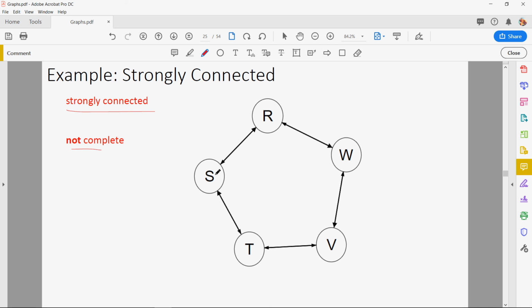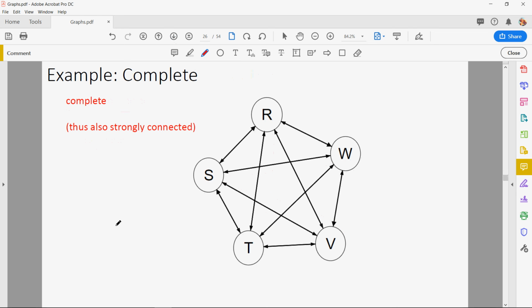It's strongly connected because there is a path between any pair of vertices, and that path follows the directionality of the edges. But it's not complete because there is no direct edge from S to W, S to V, R to T, lots of edges missing. In fact, this is what it would look like in order to be complete. And of course, if it's complete, by definition, it's also strongly connected.